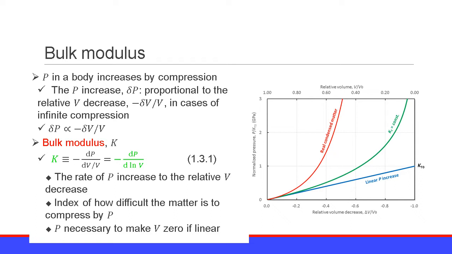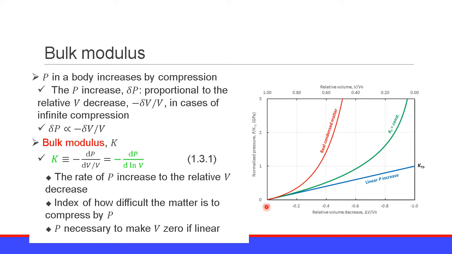V0 is the volume at zero pressure. Therefore, at unity, the pressure is zero. Here the volume is zero.